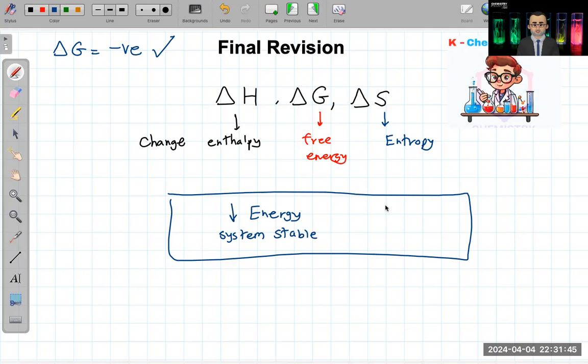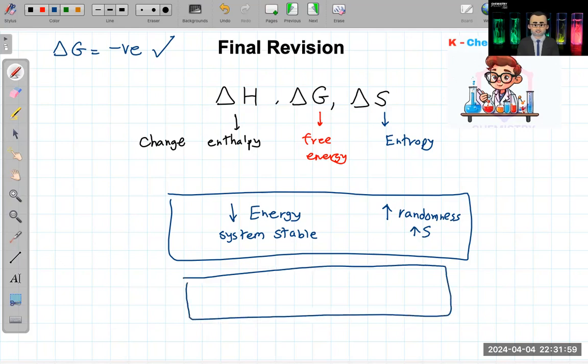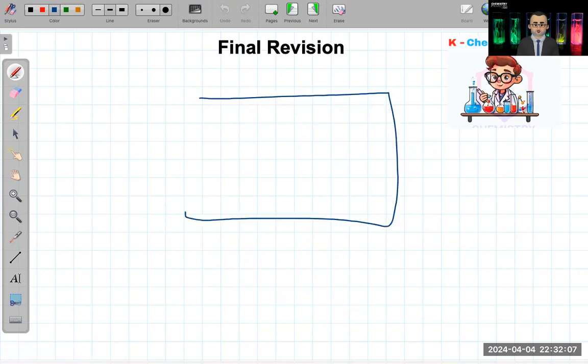And it also tends to be directed towards high randomness, to increase randomness. So S increases. There is a saying which says that the universe also tends to go towards randomness. The same way you have your room, and your room usually tends to change from organized to unorganized by the end of the day, but never the opposite. You never leave your room unorganized and then at the end of the day find that it became organized by itself.